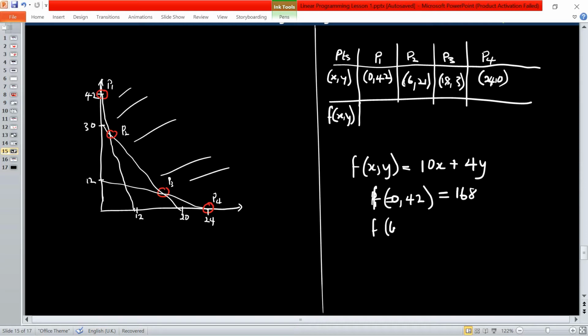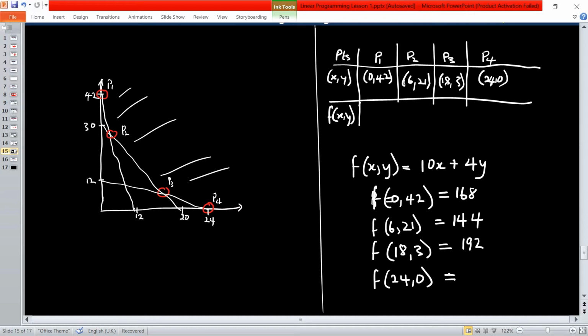Calculate f of 6 and 21. It's going to give us 144. Maybe take a pen and a paper and then a calculator and also do this. That'll be fine. f of 18 and 3 is going to give us what? It's going to give us 192. And f of 24, 0 is going to give us simply 10 times x, that is 240.